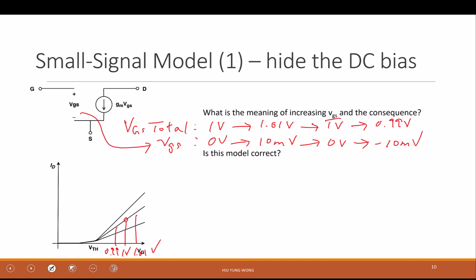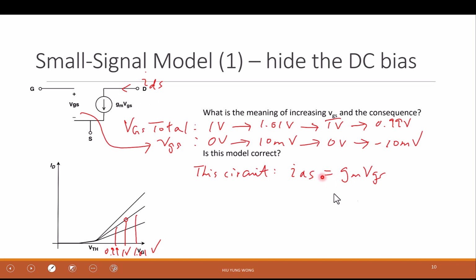So is this model correct? Yes, because this model tells me that by changing this small VGS, I will get a change of the IDS. And this circuit tells me that IDS equals gmVGS. Correct? Because that is the function of this element, right?